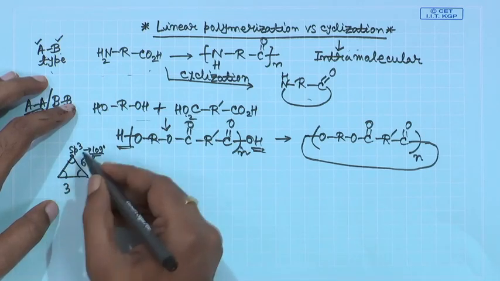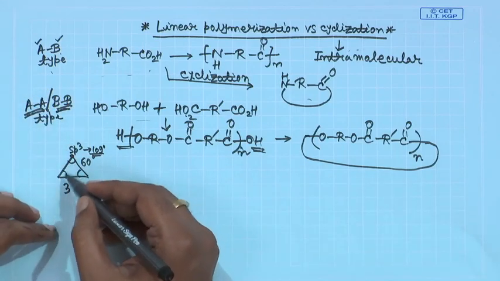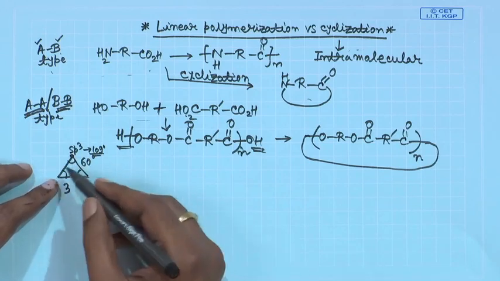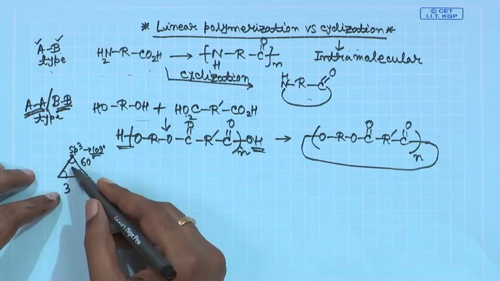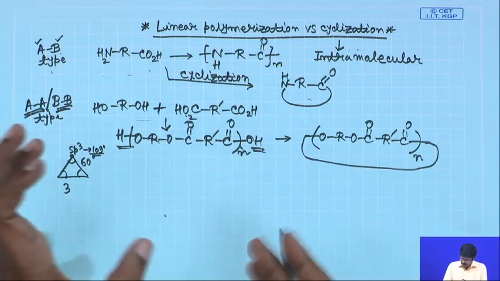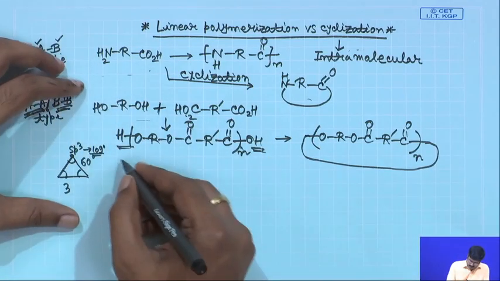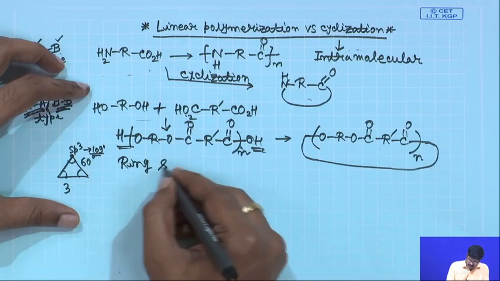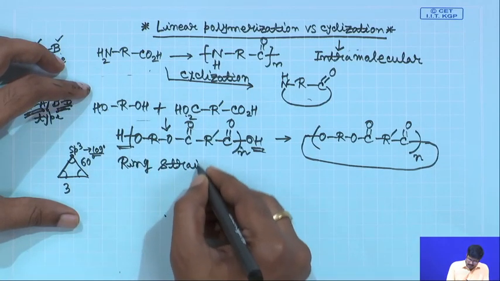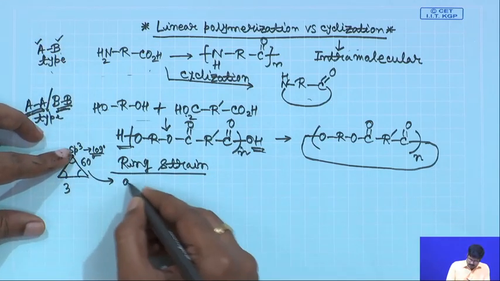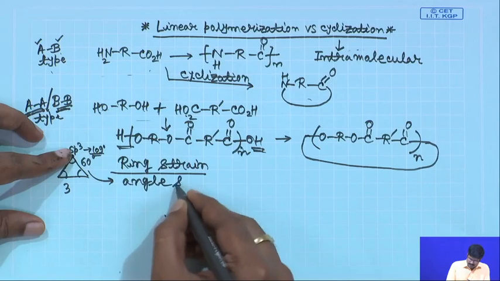So, if you have a saturated ring system, say alkane ring system, which is a 3-membered ring, then you have an enormous angle strain. So, the thermodynamic stability actually relates to the ring strain. If you have a higher strain, you have a lower stability. So, here the ring strain is arising from what you call as angle strain.